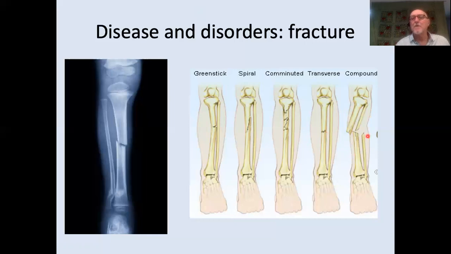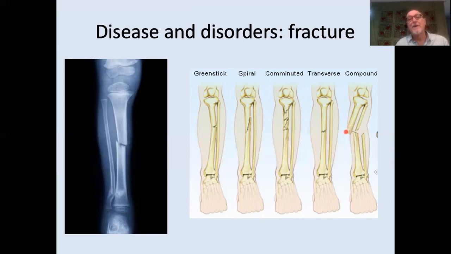And it's compound not because it involves all of the bones, but because the bone here actually protrudes through the skin. This is a very dangerous situation because this bone is now open to the air, and infection can be introduced into the bone.